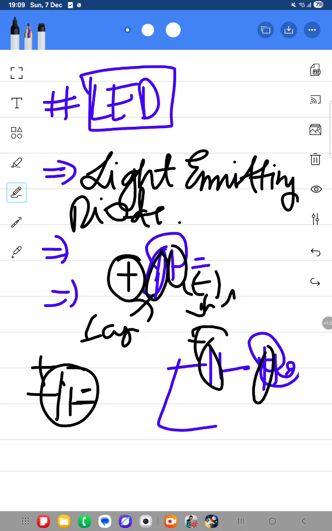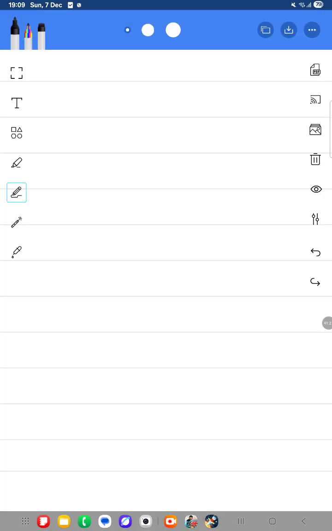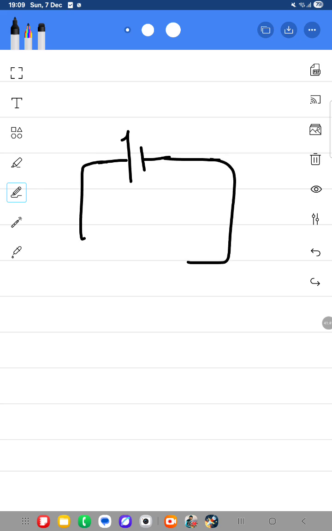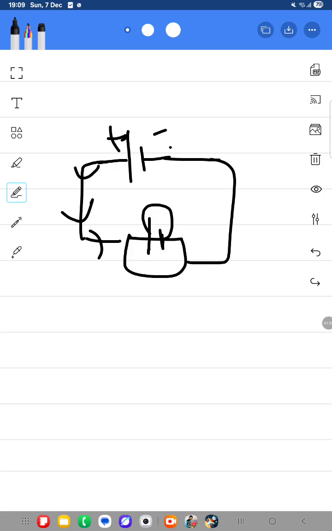I will teach you more about it. So I can also give you a circuit where we use this LED. For example, here it is a cell, an electric cell. When we will pass electricity through the conductor, this LED bulb will glow.